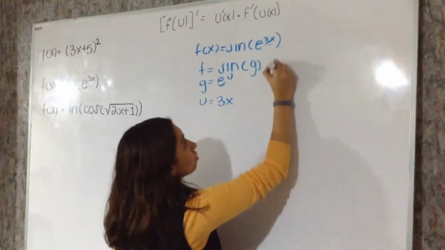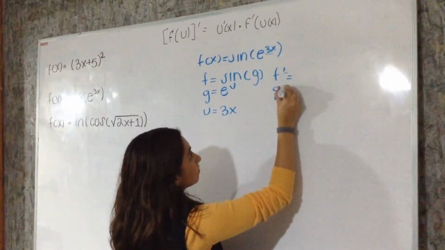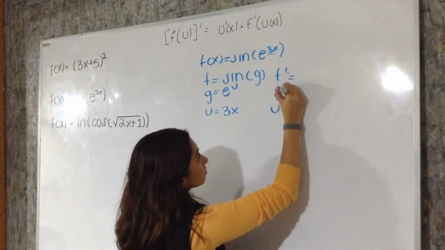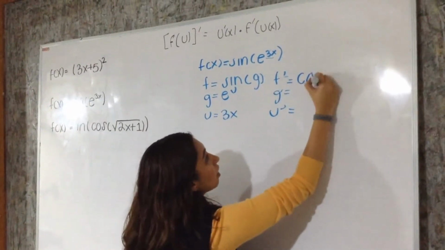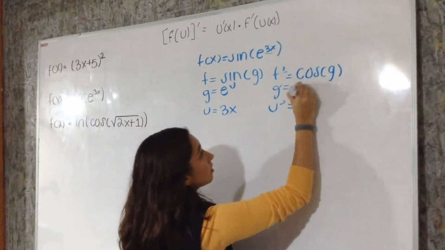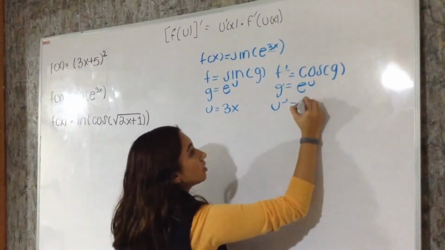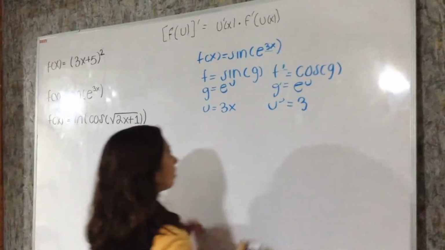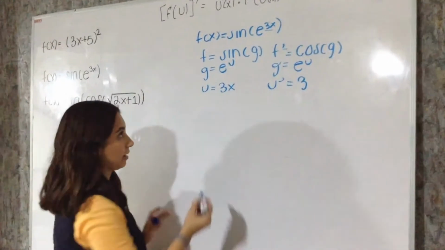Now we are going to obtain the derivative of each one. The derivative of this one is cosine of g. The derivative of this one is going to be the same, and the derivative of this one is going to be 3. Now we are going to multiply the ones that now are derivated.